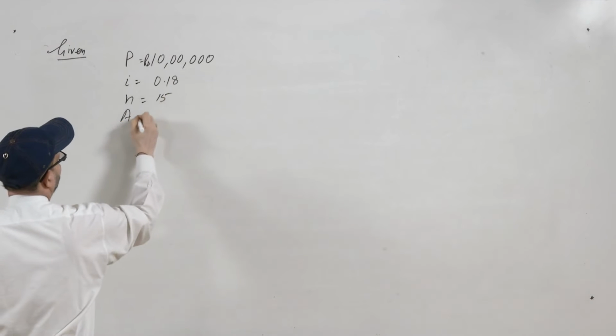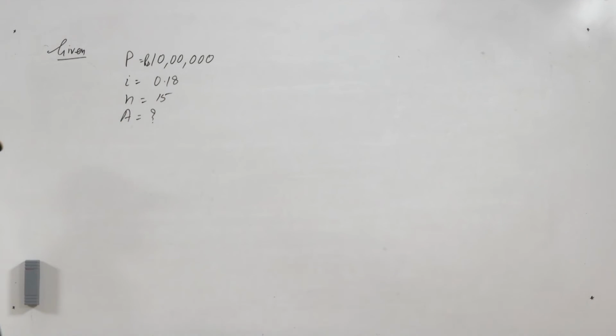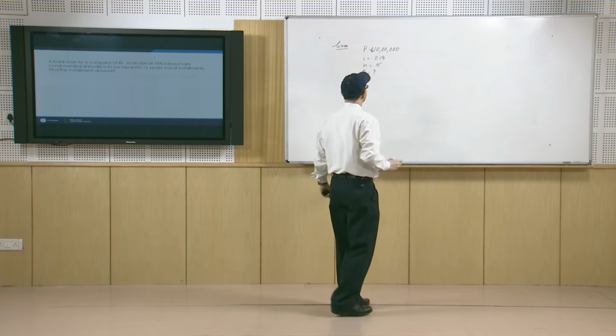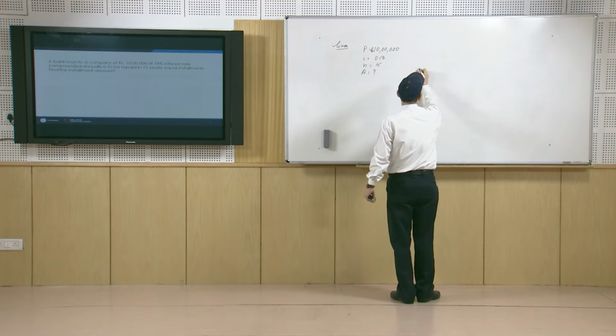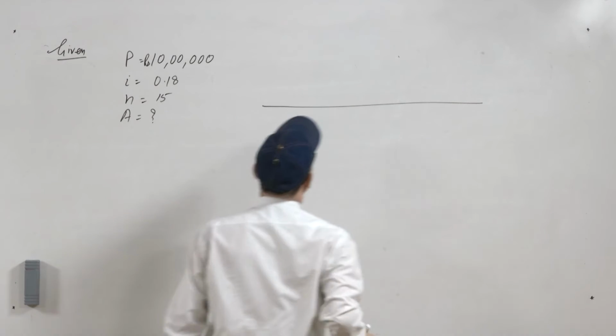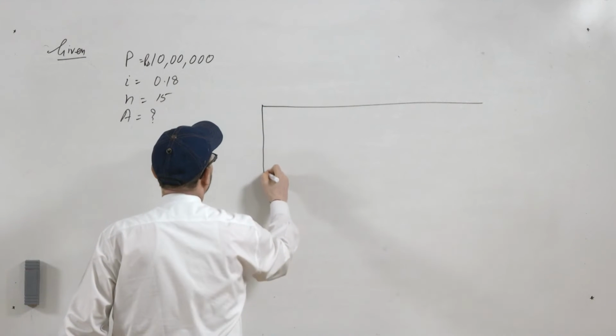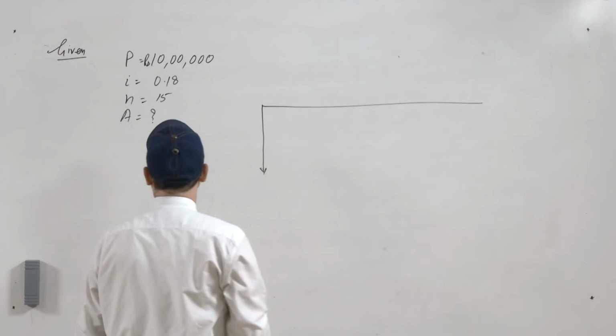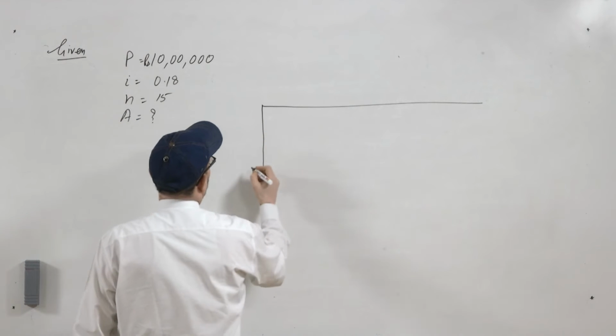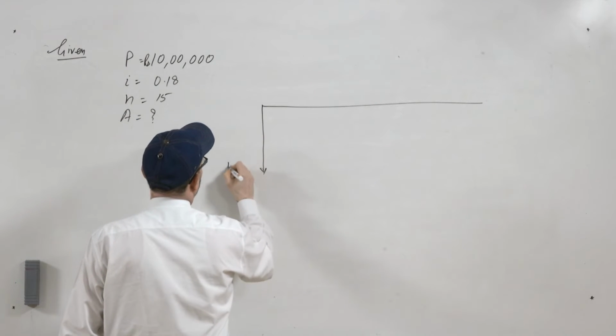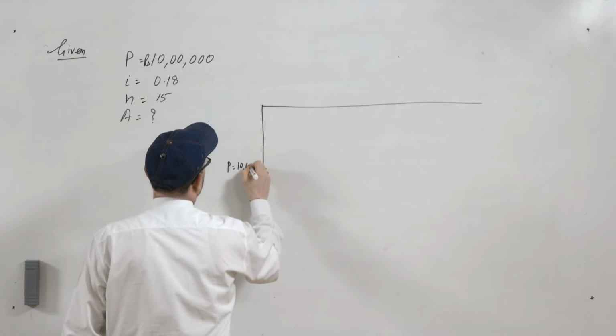We have to find A. So, we will again draw the cash flow diagram from the bank's perspective. If we look at it, the bank has given P today, a loan of 10 lakh rupees.